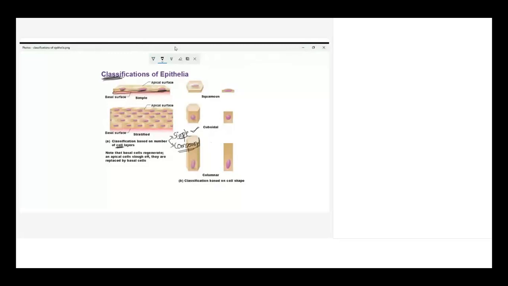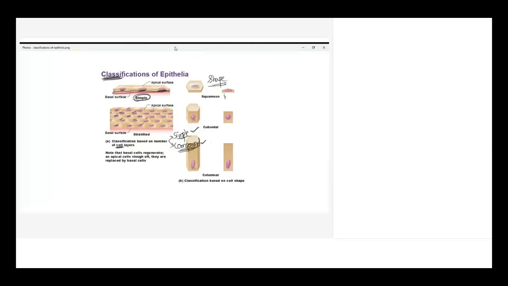Again, under simple epithelium, we have various types based on the shape of the epithelial cells. Based on their shape, if they are irregular, having a random structure, then such epithelium tissue is termed squamous epithelium.